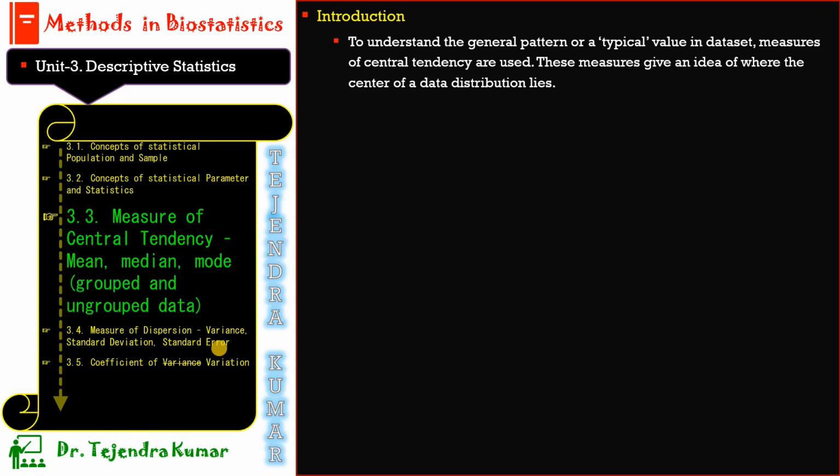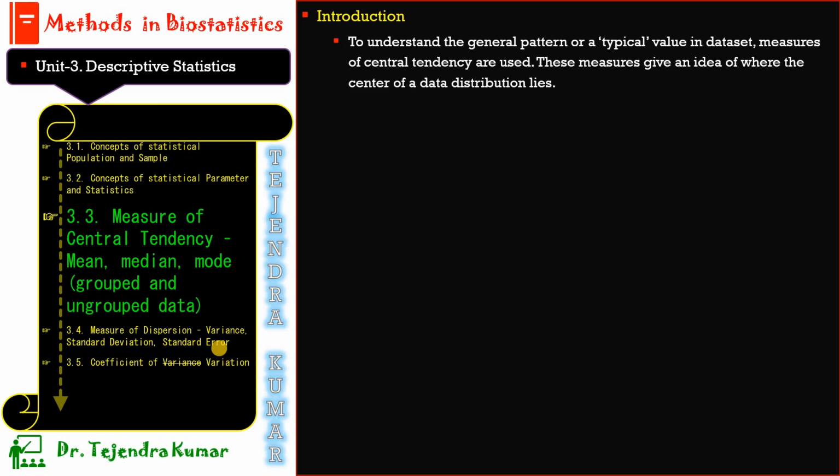In biology, researchers often deal with large data sets collected from experiments or field studies. So, to understand the general pattern or typical value in a data set, measures of central tendency are used, and these measures give an idea of where the center of the distribution lies.